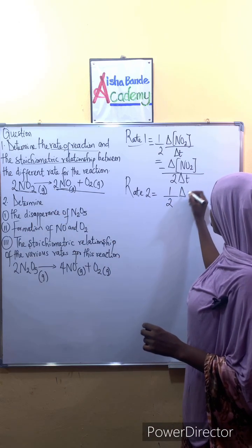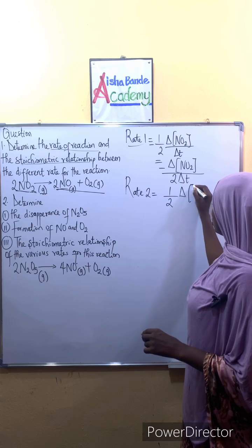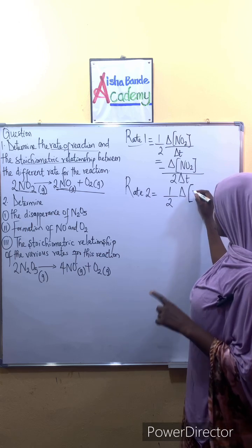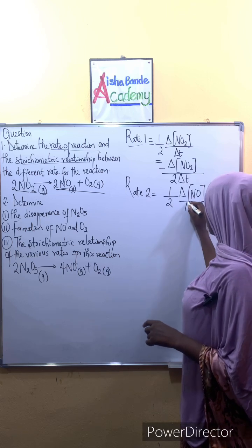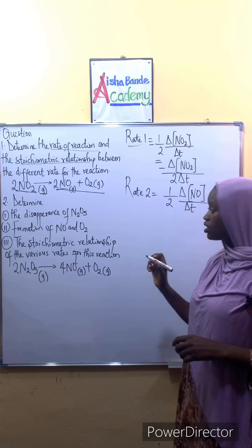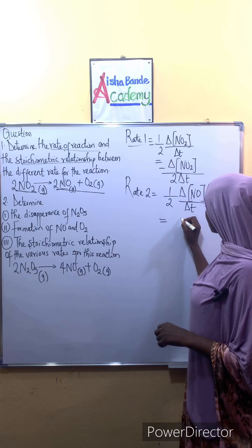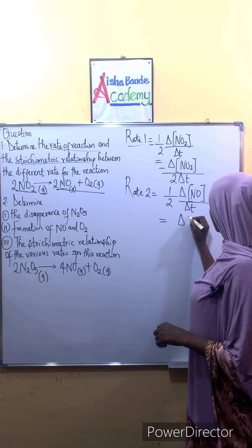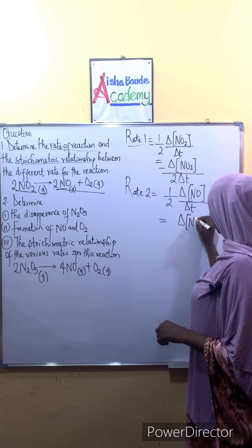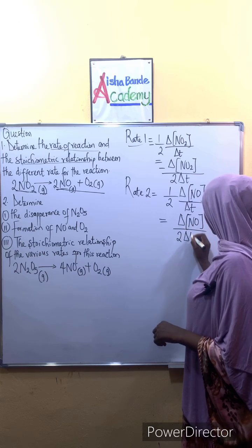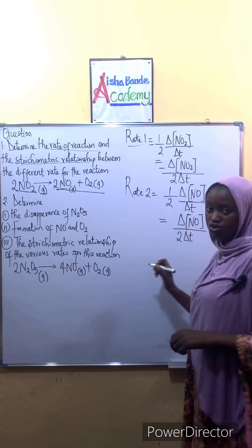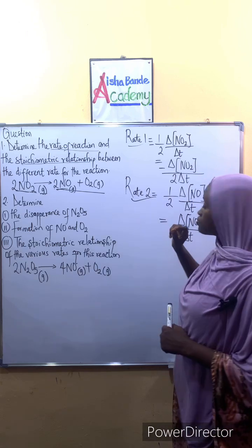So this is going to be the change in the concentration of the product, which is NO, all over the change in time. Simplifying this is the same as saying the change in the concentration of the product NO, all over 2 multiplied by the change in time. So this is for rate 2.